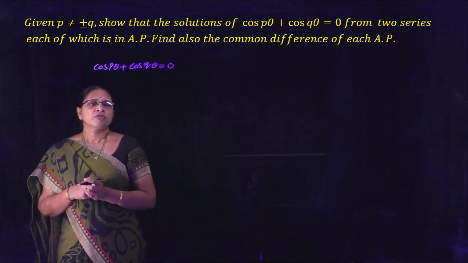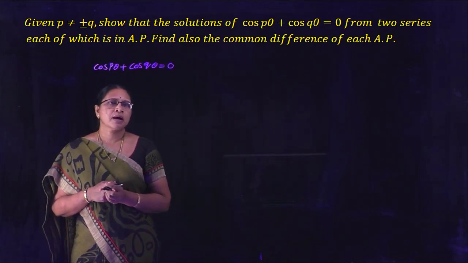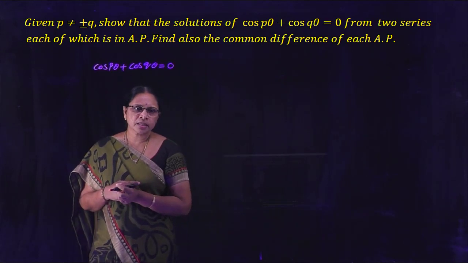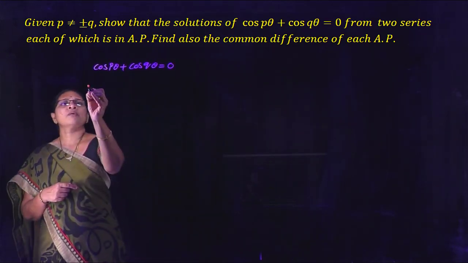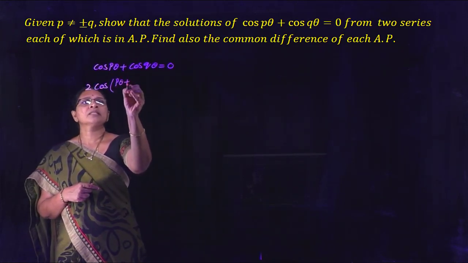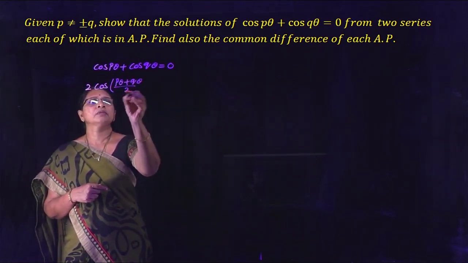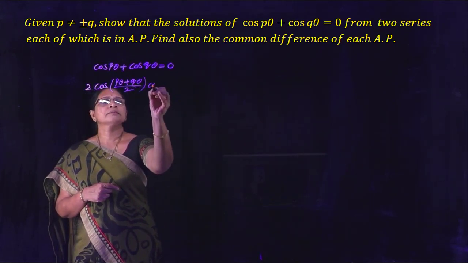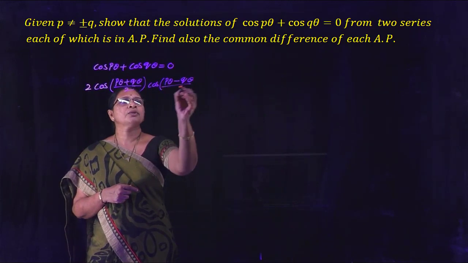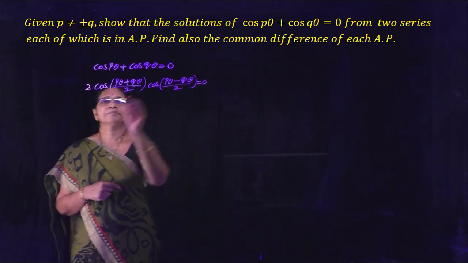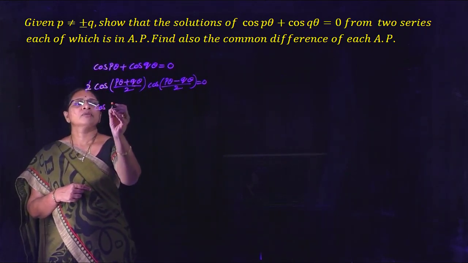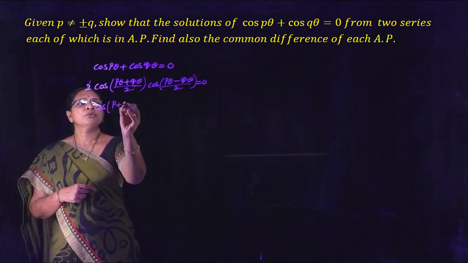We know the formula for cos c plus cos d is 2 cos c plus d by 2 cos c minus d by 2. Apply this formula, we get 2 cos p theta plus q theta by 2 into cos p theta minus q theta by 2 is equal to 0. 2 gets cancelled.